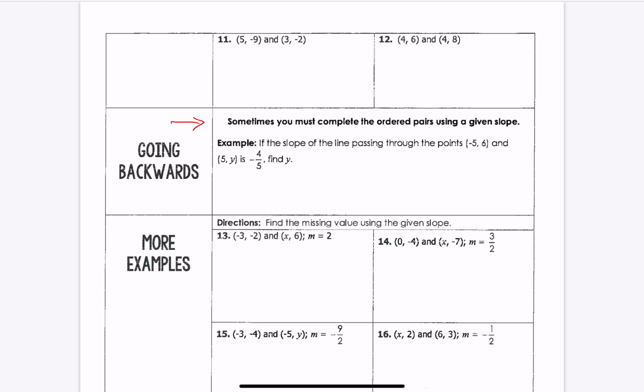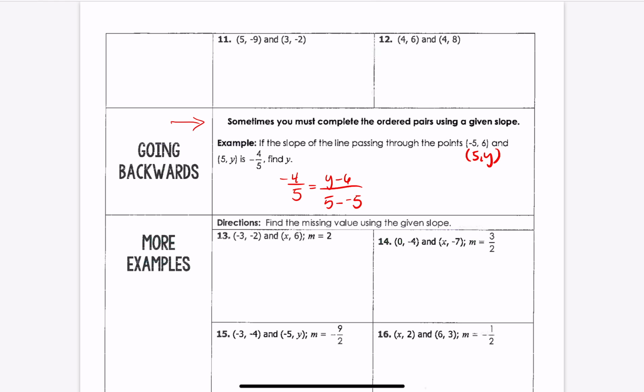So if we use our formula, instead of saying m equals, we're going to say -4 over 5 equals, okay? And now when we do y2 minus y1, I'm going to just put this point underneath, right? It's going to be y minus 6 on top, because that's the thing I don't know, that variable y, and it's going to be 5 minus -5 on the bottom.